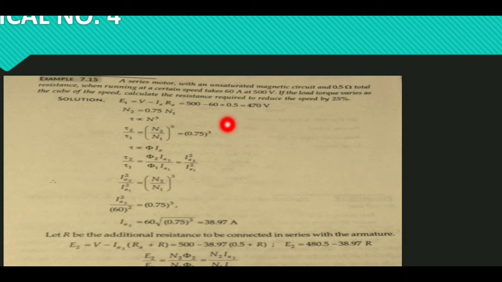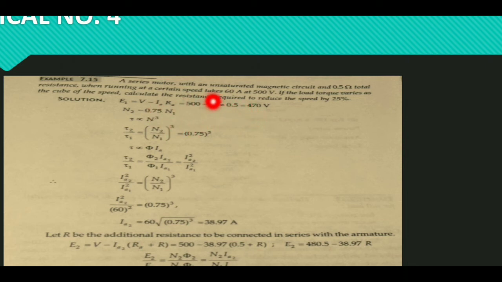The speed is reduced by 25% in the second condition, that means in N2 condition. So N2 equals 0.75 into N1, because it is reduced by 25%, so 100 minus 25, that is 75% of N1.